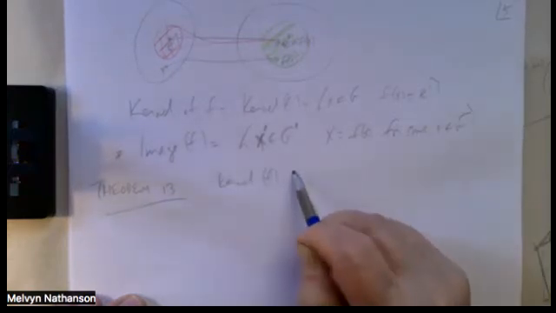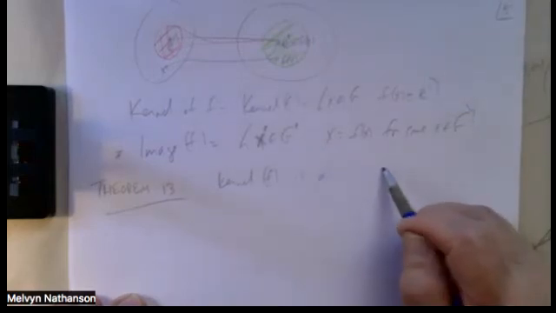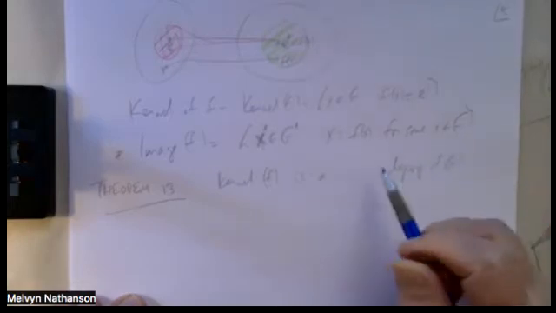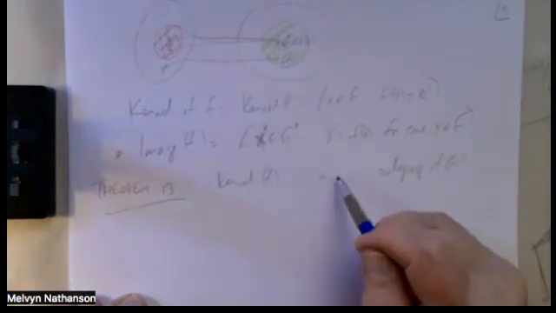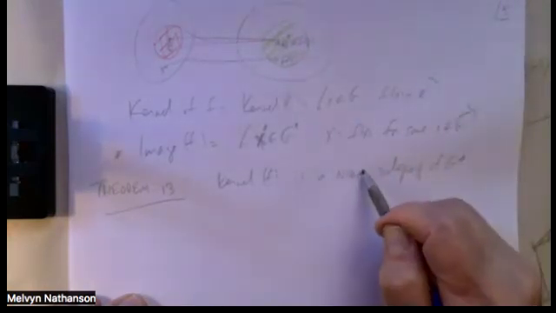The kernel of F is a subgroup of G, and not only is it a subgroup of G, it's a normal subgroup.